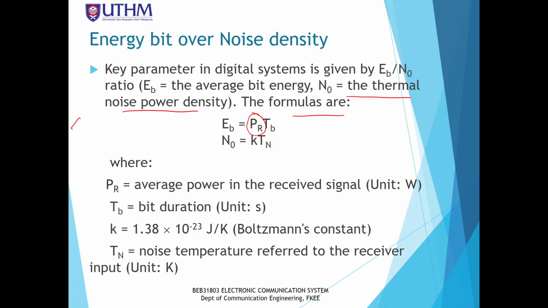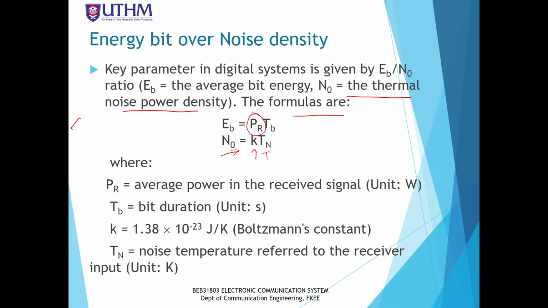So this is actually watt multiplied by second, or watt-second. And then N0 is equal to kTn, the Boltzmann constant multiplied by Tn, which is the noise temperature at the receiver.